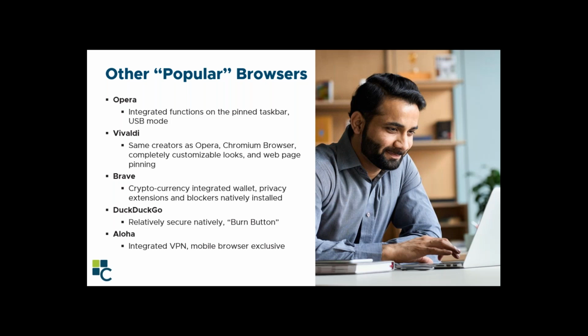And finally, there's Aloha. And Aloha is a mobile browser exclusive. That means it's something you can only install on mobile devices. Well, you can install it on other devices, but it's not recommended. One of the neat things about Aloha is it has an integrated VPN. So if you are using Aloha on your smartphone and say, wanted to see what that website looks like from China, then you can use Aloha to go to a server in China, and it will show you their Chinese version.